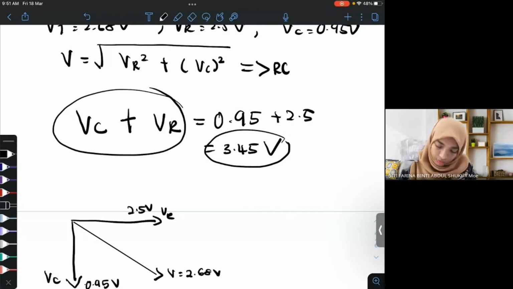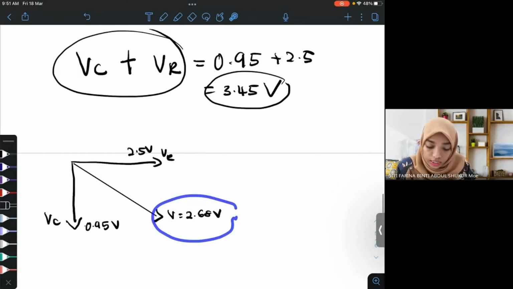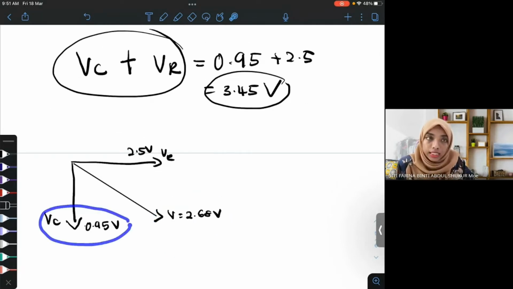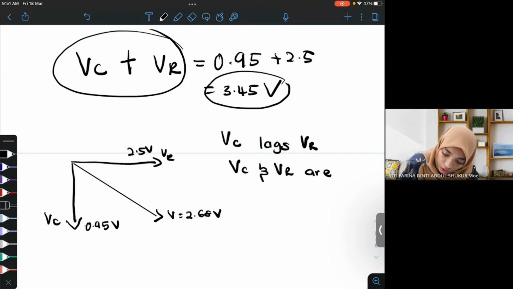And V total sits here, 2.68. The total that we added is not the same as our V source because the way to answer is: the voltage across the capacitor lags the voltage across the resistor. VC and VR are not in phase. Therefore, V total is the square root of VR square plus VC square.